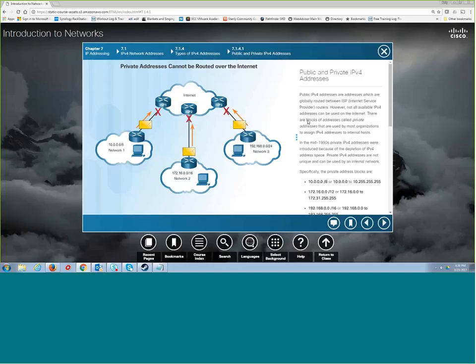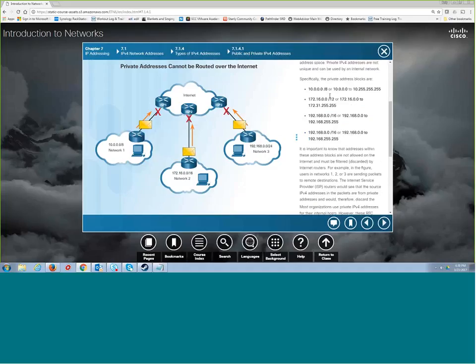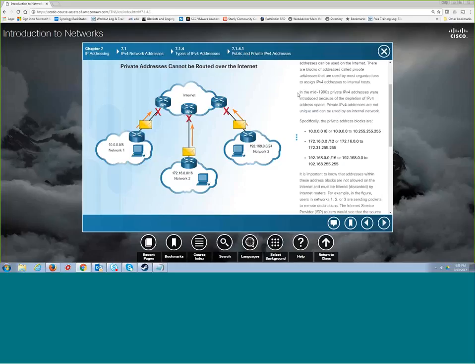I want them to be prepared to say, oh, those are the private IPv4 addresses. Without these, we would already have all been running IPv6 in our houses. IPv4 blocks have been gone for a long time, and now we are using these private address blocks and using NAT to convert to public IP addresses.